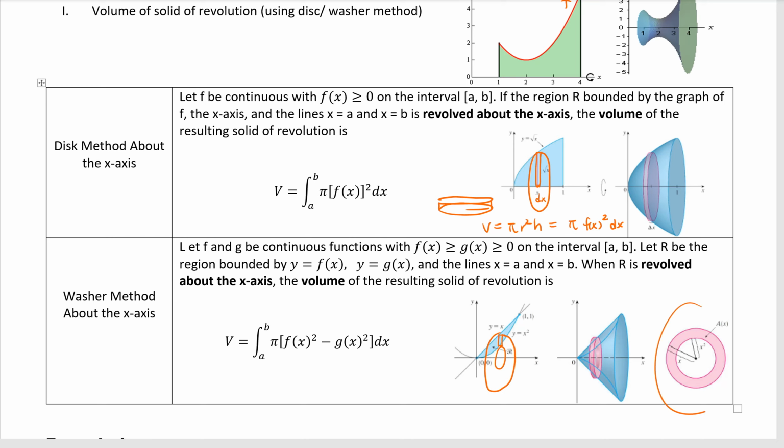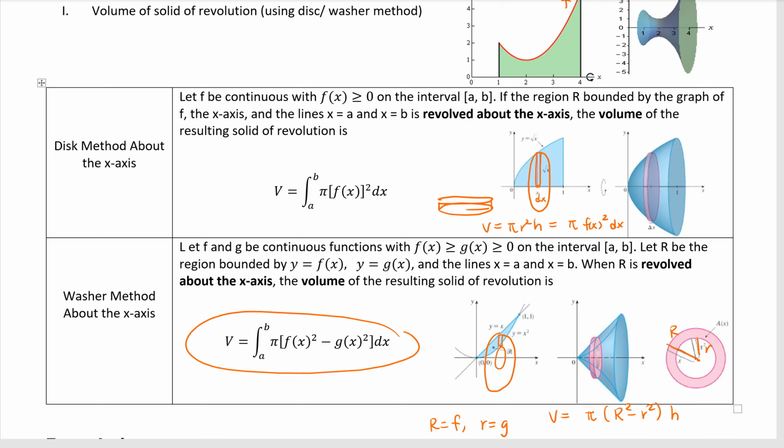We actually get an annulus, with a big R and a small r. The volume of a slice is the area of the base, pi times big R squared minus small r squared, times the height. The height is dx, big R is f, and small r is g. That's why we come up with this formula.